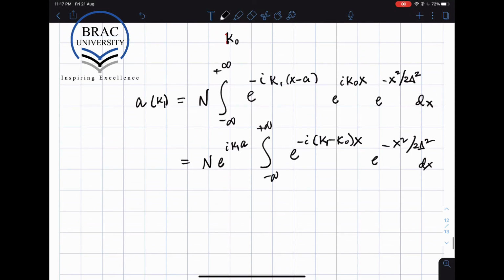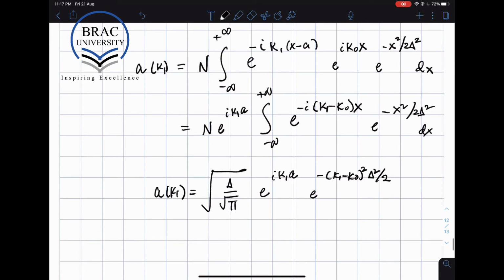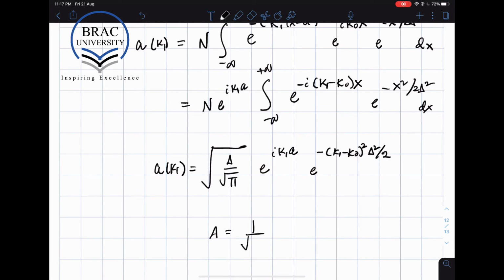And if I do that, then A of k1 is just given by delta over square root of pi, times e to the power i k1 a, times e to the power minus (k1 minus k0) squared delta squared over 2. What we have done is chosen the normalization where this is 1 over square root of 2 pi, which allows this Gaussian in wave number or momentum space to also be normalized.